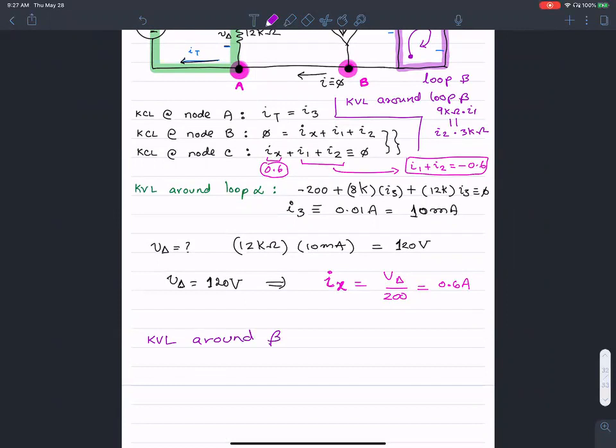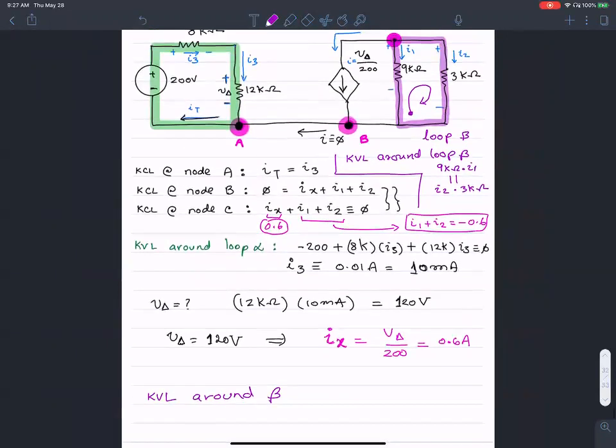I have a couple of minutes, so why don't I do this properly? Negative 9 kilo ohms times I1, that's beginning at the lower left corner, going through the 9 kilo ohm resistance, plus I2 times 3 kilo ohms. That should sum to 0.